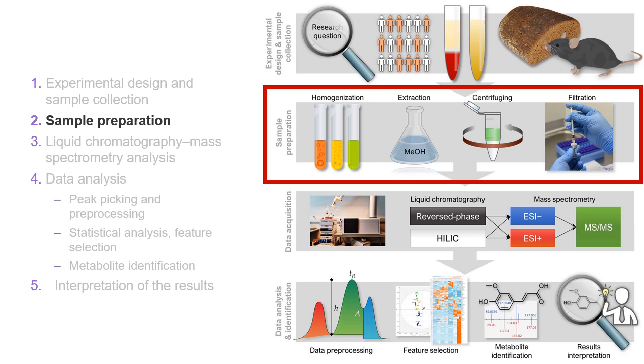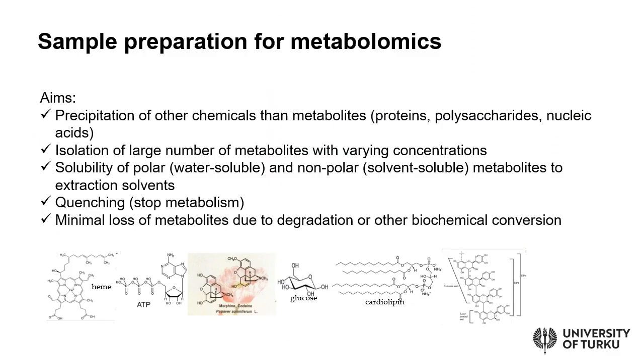But let's go then through the sample preparation, how to actually conduct the metabolomics analysis on a wet lab basis. So the aim in sample preparation in metabolomics analysis is that first of all we want to get rid of other chemicals than metabolites from the sample.